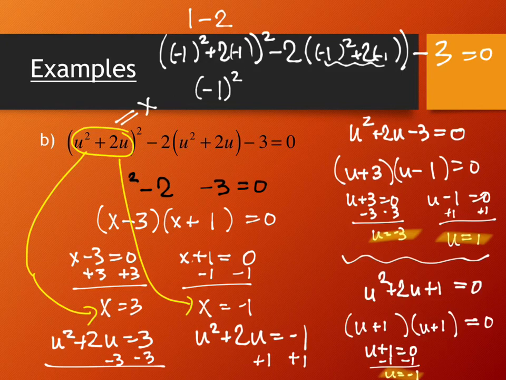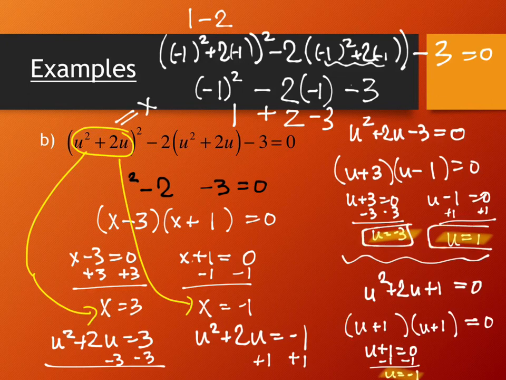Over here I have 2 times negative 1 minus the 3. So negative 1 squared is 1. I have 1 then plus 2 minus 3. Again, it equals 0. So on this one, all 3 of the solutions that were probable at the end of the problem actually worked out. So I have 3 solutions on this one.